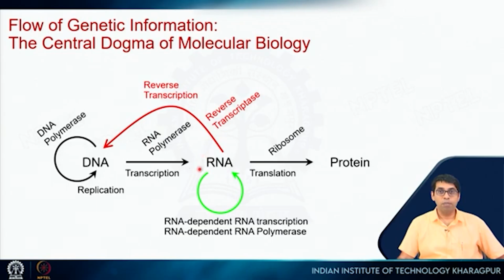Now RNA can also be synthesized using RNA as a template. In this case it becomes RNA-dependent RNA transcription, and it is done by RNA-dependent RNA polymerase. This is also something found in viruses. Now RNA is used as the messenger from which proteins are synthesized, and this last process is called translation, and it is done by the ribosome.